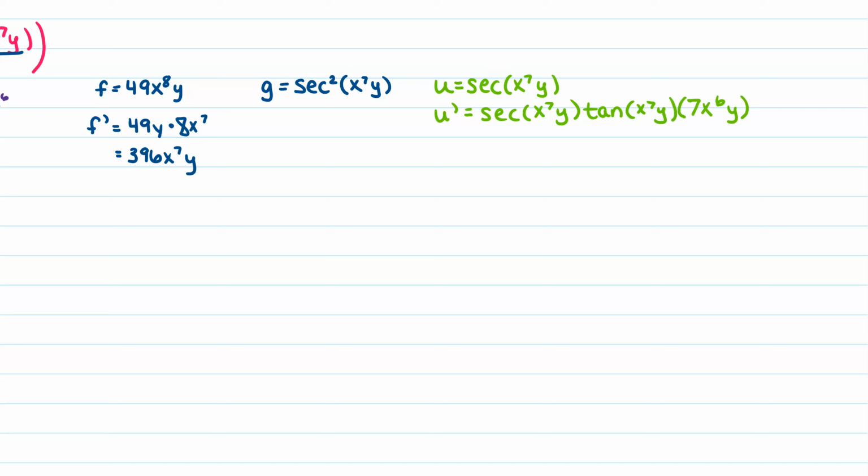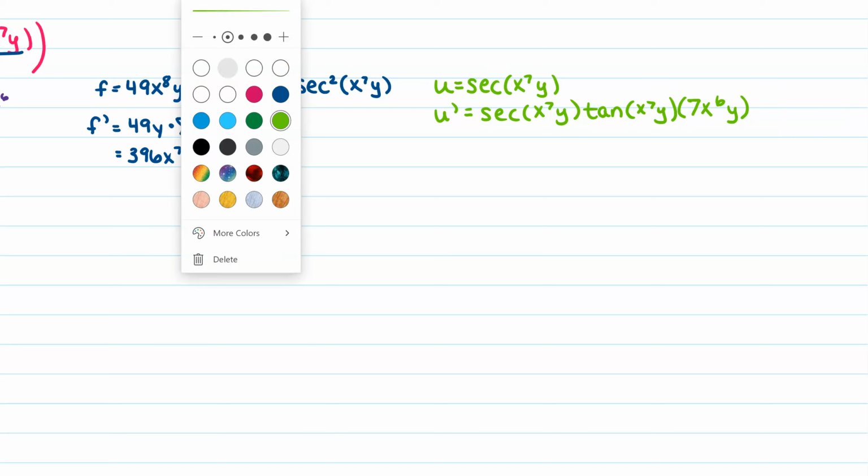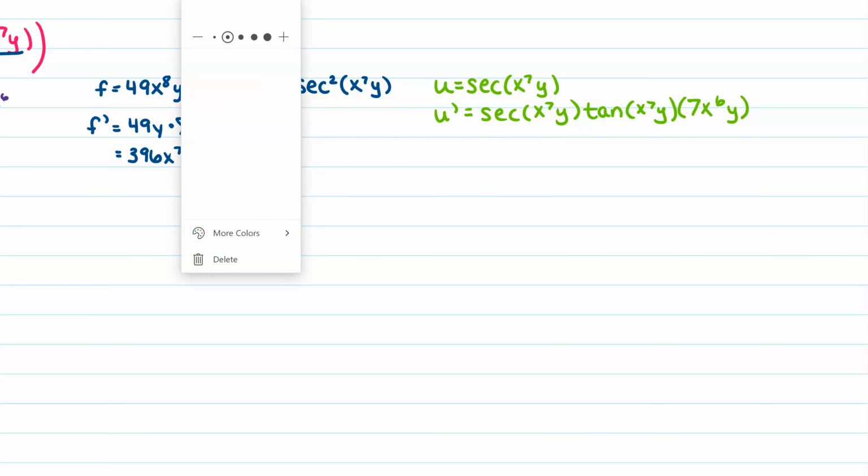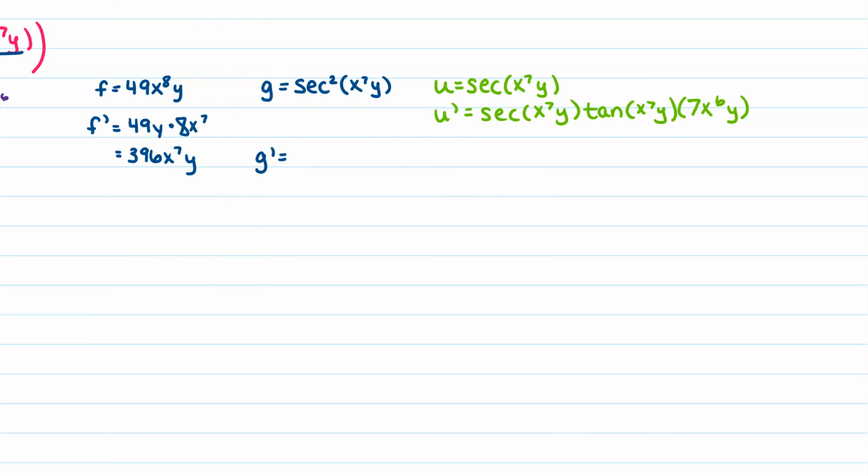So now my g prime will be, like we're thinking about it, as u squared. So the derivative is 2u to the first and then du, or u prime.